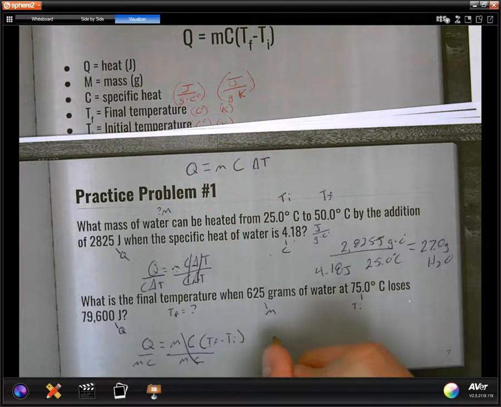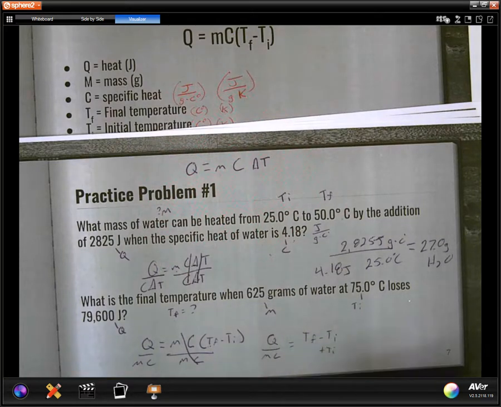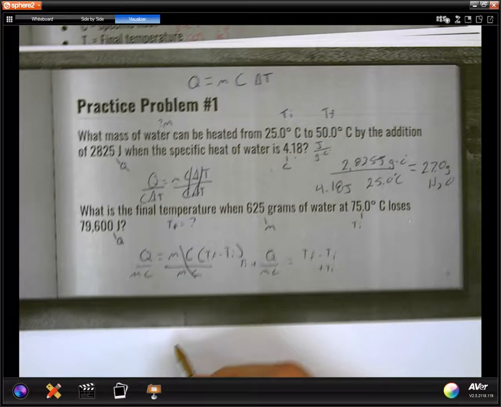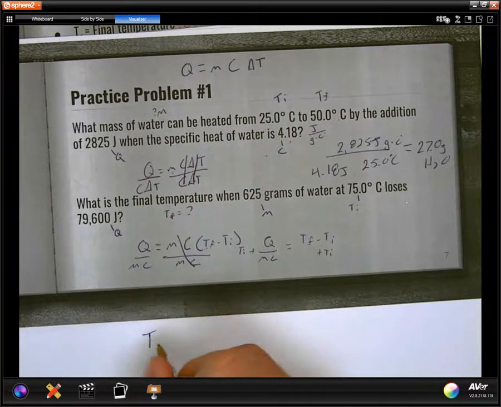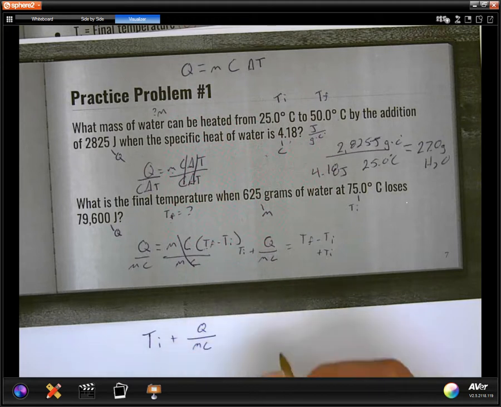Now I see I got Q over MC equals TF minus TI. To get rid of TI, I'm going to add it. If you add to one side, you have to do the same to the other side. Now I have my new equation: TI plus Q divided by MC equals TF.